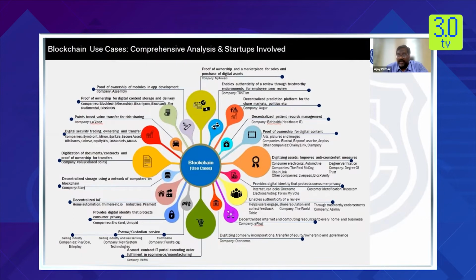And KYC, know your customer, is a concept which does not really help much, because your customer is better known through his behavior or his transactions, correct? So KYC is gradually changing into KYT, or know your transactions. These things are happening through digital records and blockchain and the like.